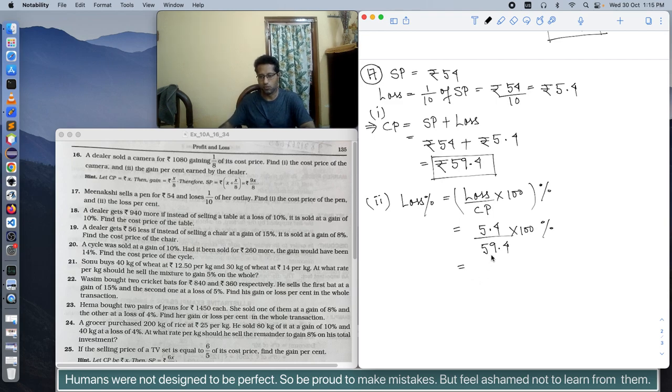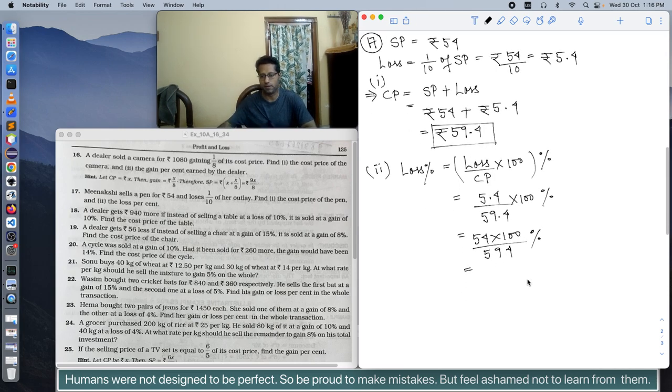Now this is equal to 54 multiplied by 100 divided by 594 percentage. This is equal to, I guess, 54 divides 594 as 11.